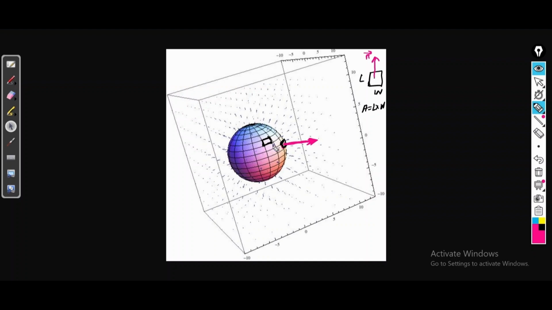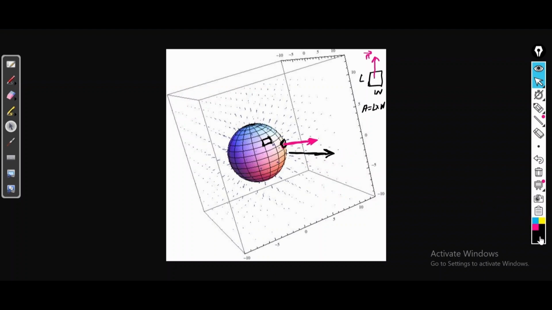And the charge which is enclosed inside this sphere will have electric field lines moving radially away from that positive charge, and hence at this point the direction of the electric field lines is also in this direction.